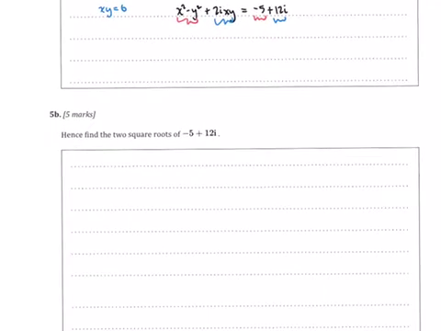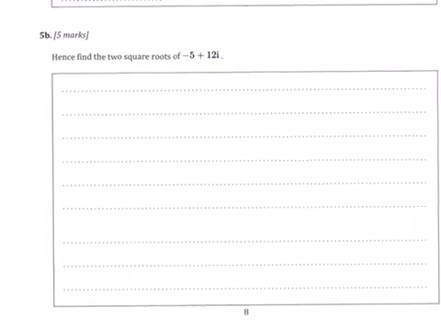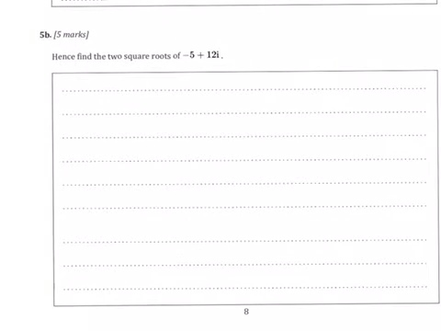Part B, 5 marks. Find, hence, using that. Now they're requiring you to use that since they use the word hence. Hence find the 2 square roots of -5 plus 12i. So you may not initially see the connection, but if I take something and I square it and I get -5 plus 12i, I've got 2 possible values, or expressions, that I can plug in here, such that if I square them, I get this.